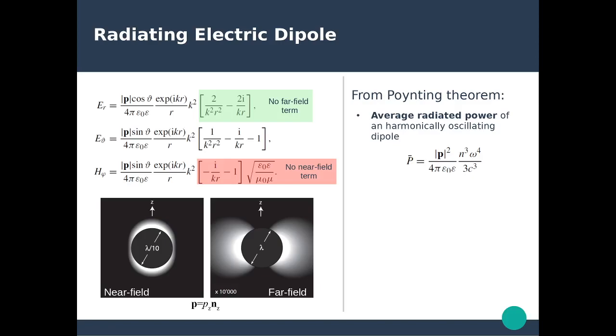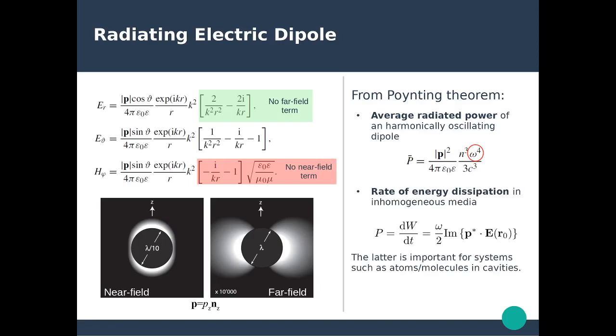If this dipole is oscillating harmonically, you can use the Poynting theorem to calculate the average radiated power, and you will realize that this is proportional to the square of the electric dipole moment times the fourth power of the frequency. This is important: that's the dependence on frequency. You have much more power being radiated for higher frequencies, increasing with the fourth power of the frequency.